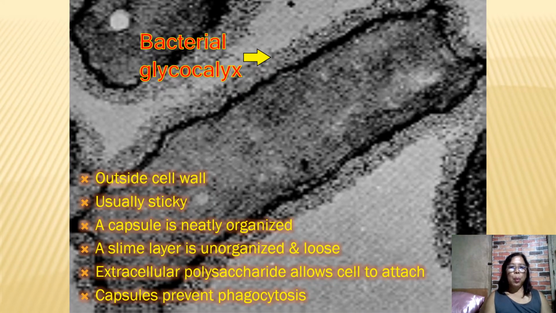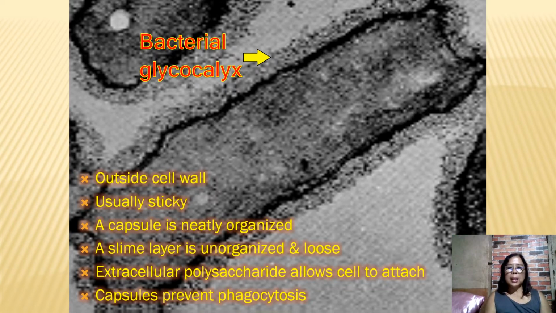We have here the bacterial glycocalyx. It is also outside the cell wall. It is usually slimy or even sticky. It is a capsule that is neatly organized that defines the shape or the movement of the microorganism.